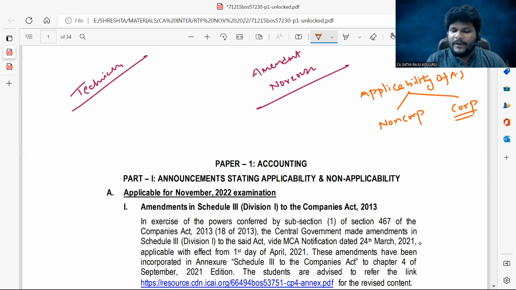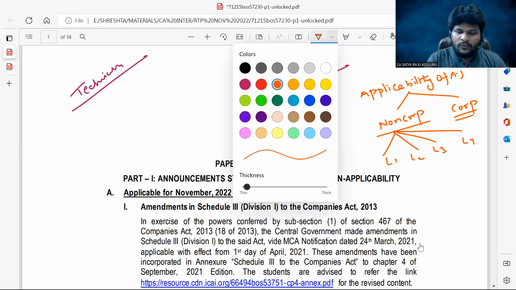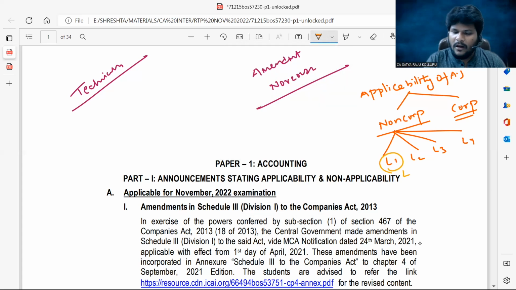But from the year 2021 onwards, the non-corporate entities are categorized into 4 levels: level 1, level 2, level 3, level 4. Earlier, only 3 levels were possible. Right now, one more level, level 4, is also added. To put it more specifically, level 1 is large, level 2 is medium, level 3 is small, and level 4 is micro.